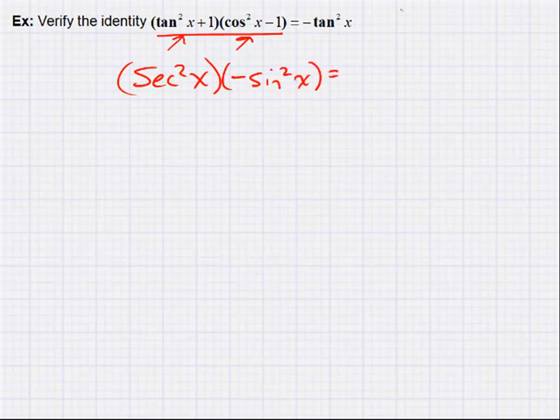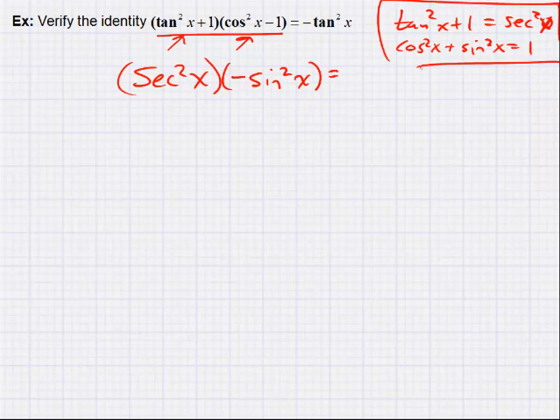Right, what I'm using is that tan squared x plus 1 equals secant squared x, and that cosine squared x plus sine squared x equals 1. These are the two identities that I'm working with here. Now this second identity is what I'm using, but not directly, in that I had to manipulate the equation to make it cosine squared minus 1 equals negative sine squared.